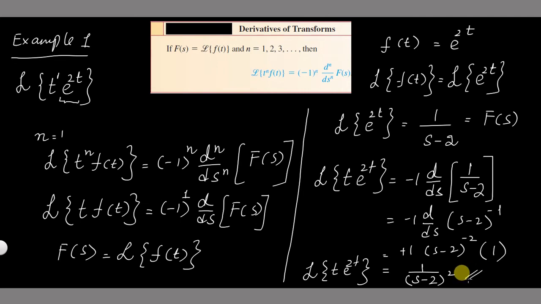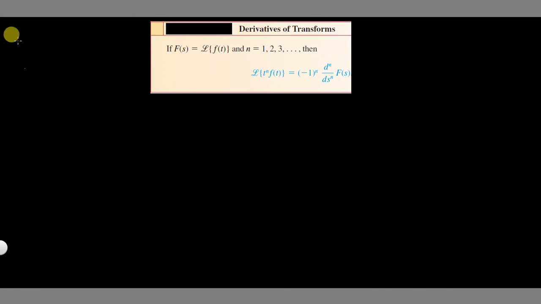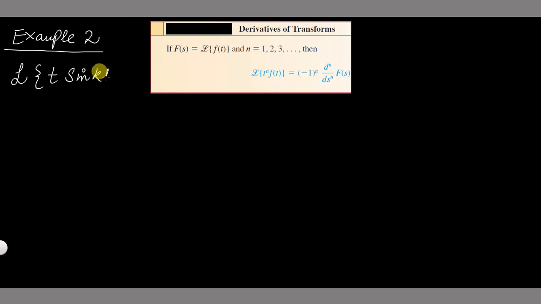This is the end of example number 1. Similarly, in example number 2, find the Laplace transform of t sin kt using this particular theorem, the derivatives of transforms.